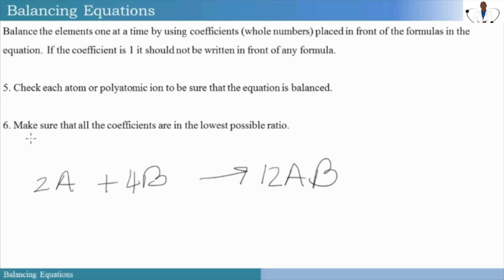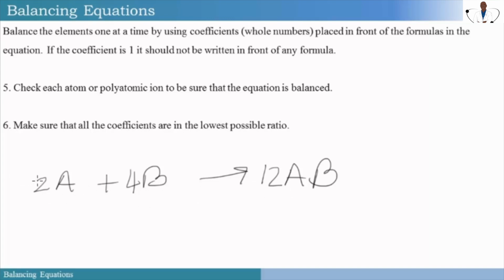Finally, we should ensure that all the coefficients are in the lowest possible ratio. By that we mean, if we have 2 in front of A, 4 in front of B, and 12 in front of AB, we would not leave it as 2, 4, and 12, because this can be simplified in terms of its coefficients.